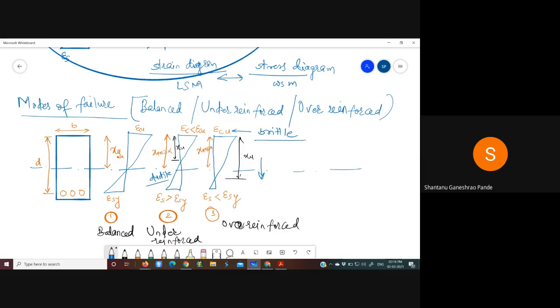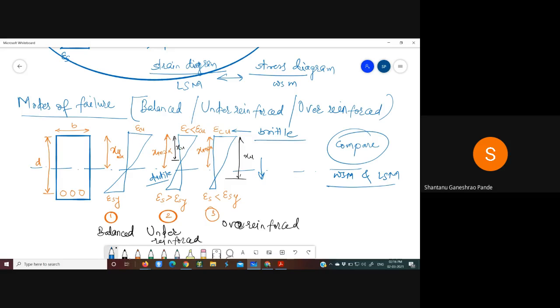There may be a question related to comparison. In your oral examination, you may have to compare modes of failure based on WSM and LSM philosophy. There you have to draw these sketches separately for LSM and WSM. LSM will talk about strain distribution, whereas WSM will talk about stress distribution.